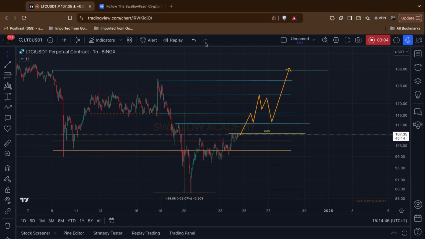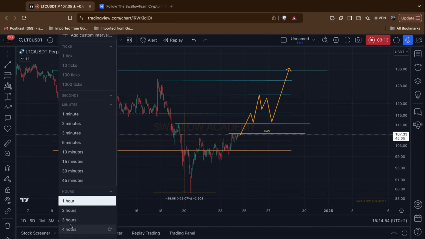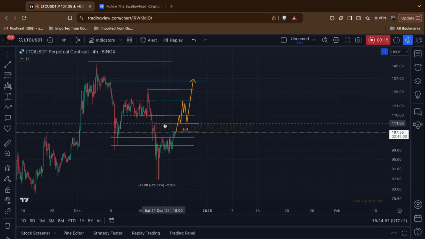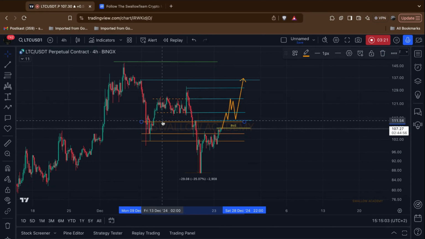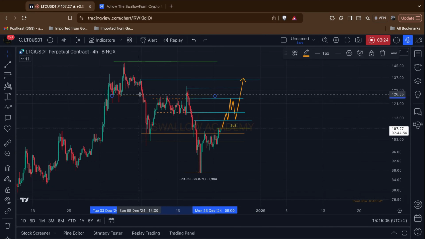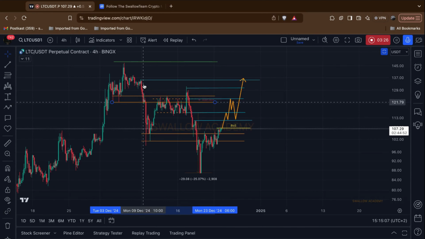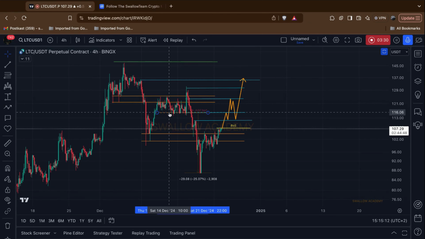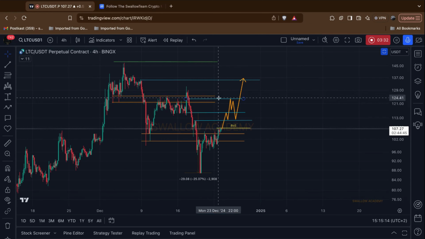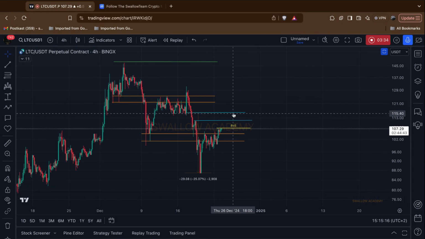Now, a different kind of scenario that we might see is a full switch of trend, a breakdown, a breakout structure here, and then a further movement to the lower zones. To give you a better understanding as well, on the 4-hour time frame there is a possibility of seeing a similar movement to here, so 1 and 2. Now we are going to remove these zones here and all these zones here as well.